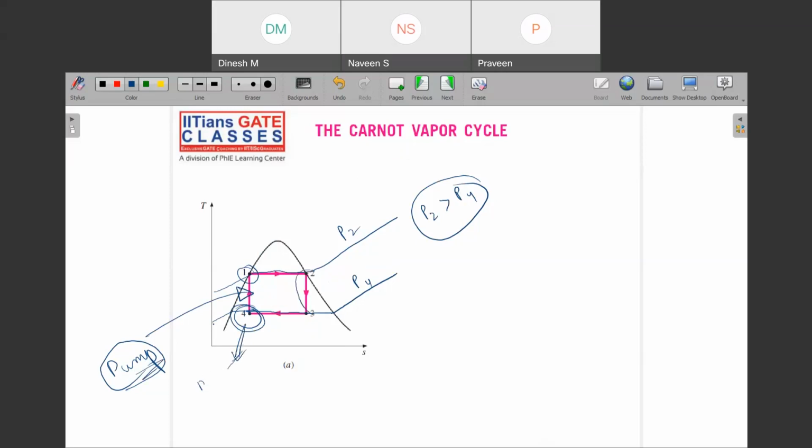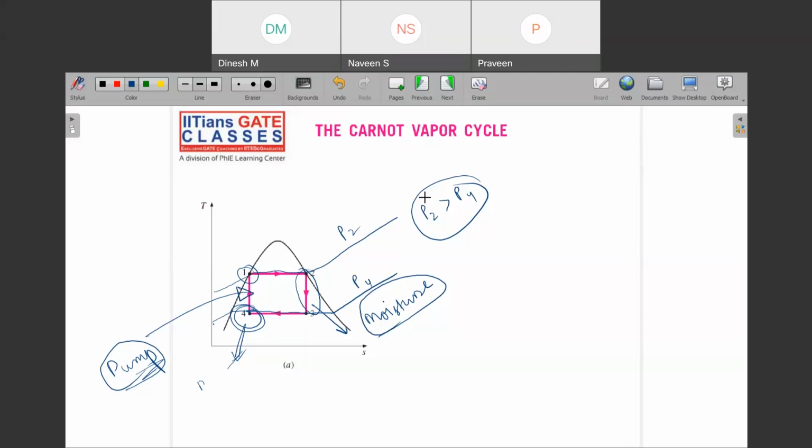And moreover, in wet regions we have moisture, and our turbine blades are made with what? High cost alloys. So those alloys can get deteriorated, they might get rusted.